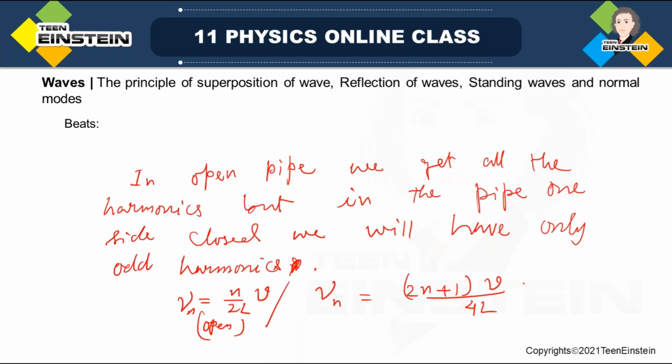So from here we'll get all the odds. For the closed pipe, n starts from 0, 1, 2, 3, etc., and for the open pipe, n is equal to 1, 2, 3, etc. This is for a pipe with one side closed.